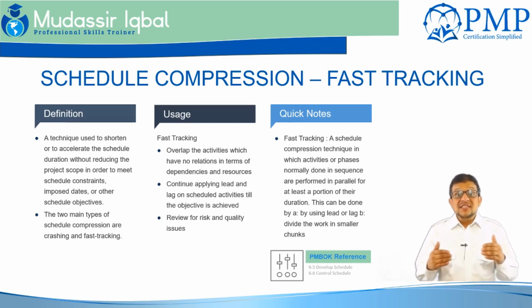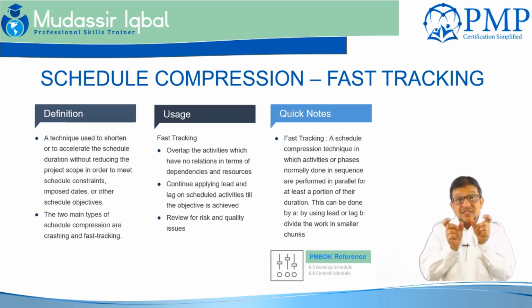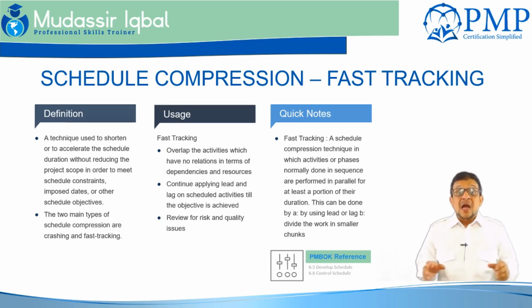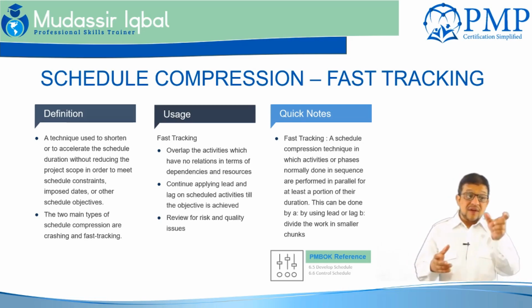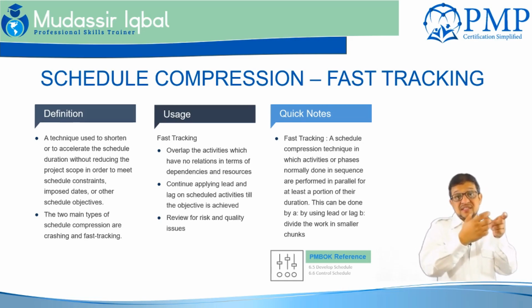To fast track the critical path activities which are sequential in nature and you have initially planned in sequence, but now you want to do it in parallel. A good example is design and development. You have a design phase and you want to start the development, but normally it waits until everything is signed off.